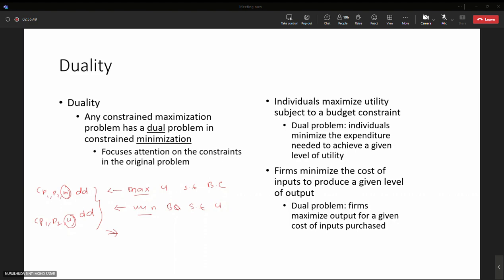Profit maximization and also cost minimization.